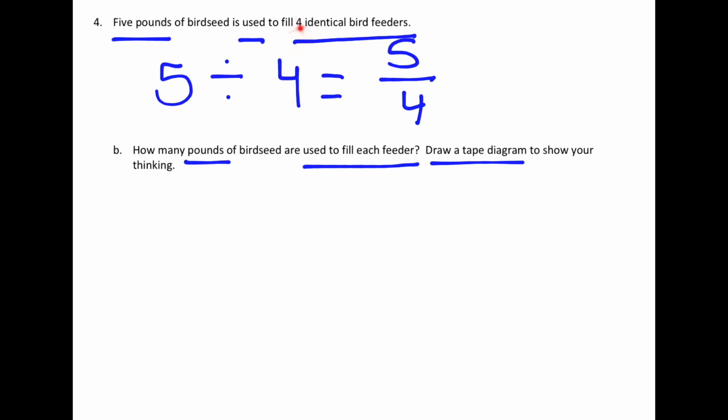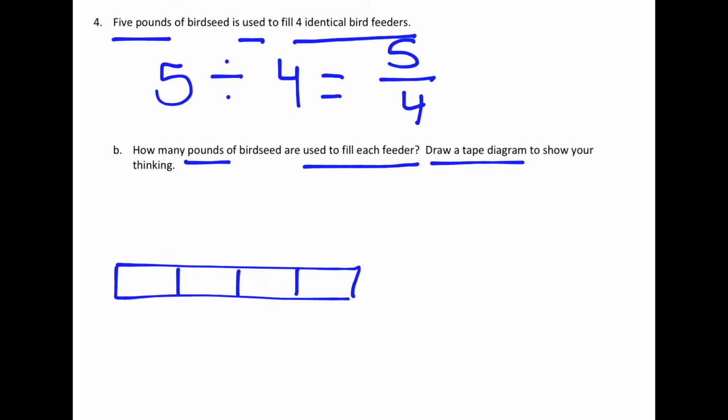And remember, it's 4 identical, so they need to be the same. So let me go ahead and draw my tape diagram. And they need to be equal to each other. They need to be the same. And how many units should I have? 4. Let's count. 1, 2, 3, 4. Awesome.